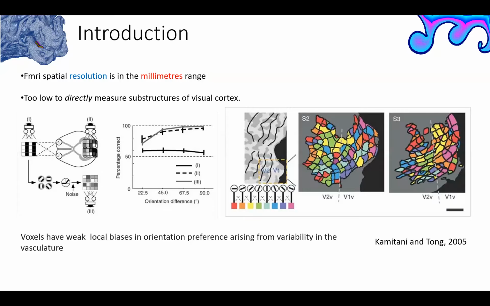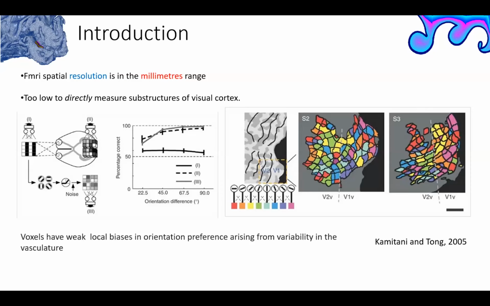A little bit of background. This is one of the papers that really inspired me very much and got me interested in the field of multivariate analysis. The paper by Kamitani and Tong 2005, where they showed that even at 3T with voxels as big as 3 millimeters isotropic, they could decode orientation tuning in V1 using a linear support vector machine.